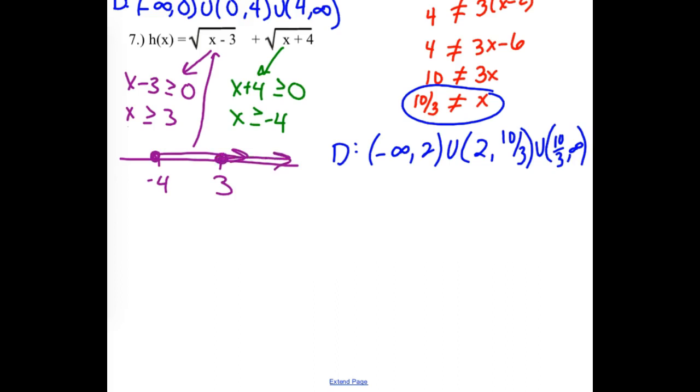It limits more numbers. Would values from 3 on up work in both square roots? Then that's what we have to use for our domain. Questions on domain restrictions?